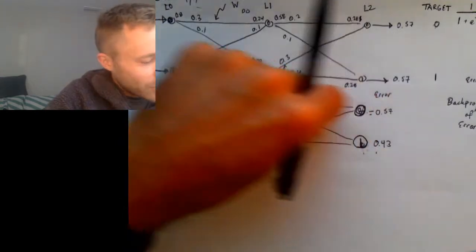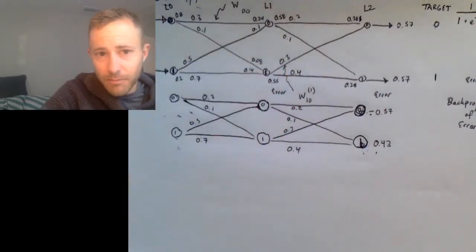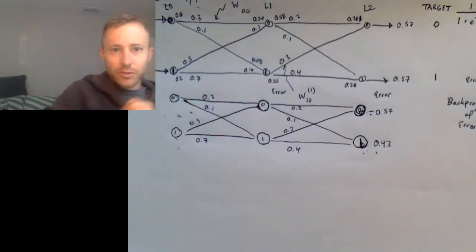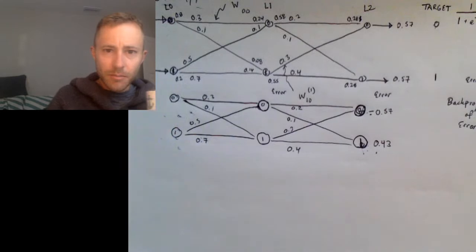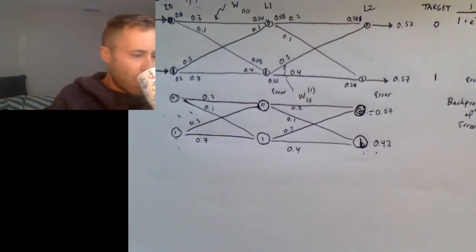So it's the signal going backwards in the exact same way. Okay, so we run the neural network backwards in order to back propagate the error.